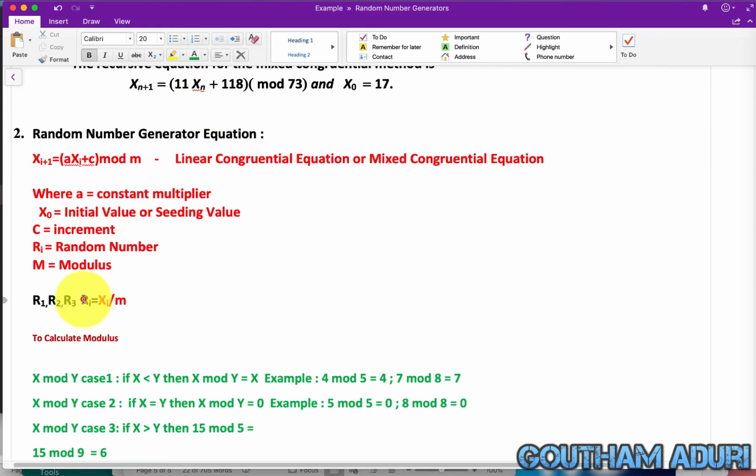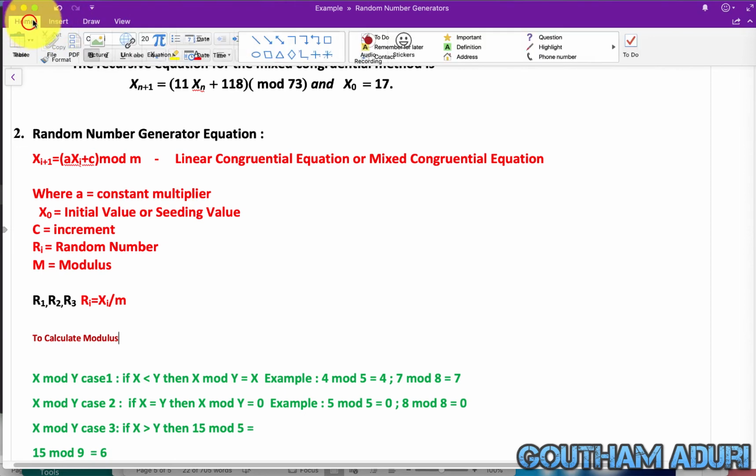So this is the value to calculate the random numbers.